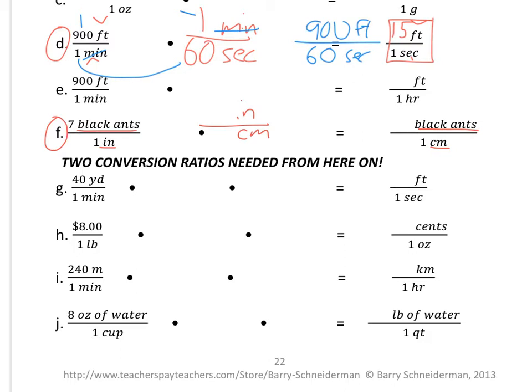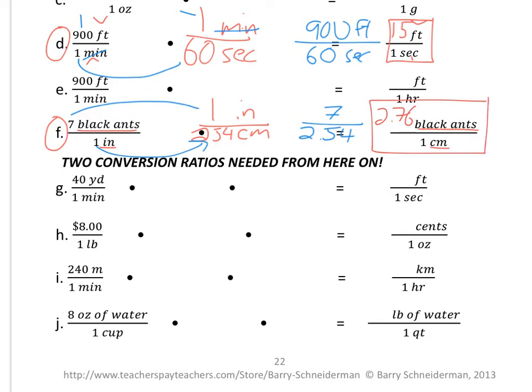Well, I know that 1 inch is 2.54 centimeters because it says so at the top of the page. If I take 7 times 1, I get 7. And if I take 1 times 2.54, I get 2.54. If I plug that into my calculator, I get about 2.76 black ants per centimeter.